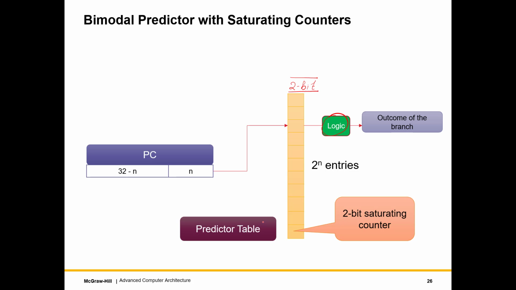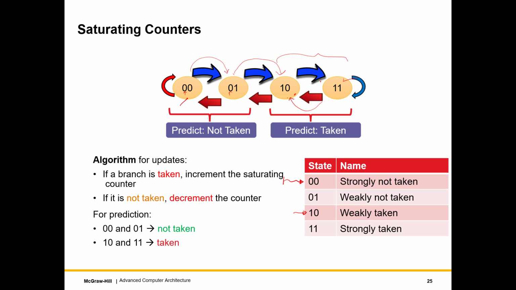So this is the predictor table as you can see over here, which broadly remains the same. When we find the outcome of a branch, we again access this entry, and if it is taken, of course we increment. If it is not taken, we decrement. But the logic is the same for the saturating counter, in the sense if the state is already 1, 1, we don't increment it further, it remains there.